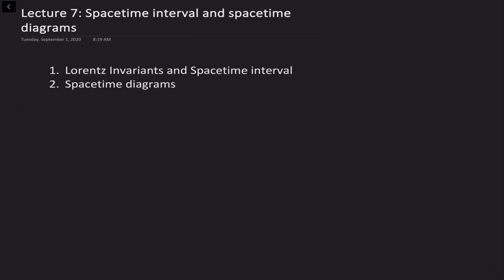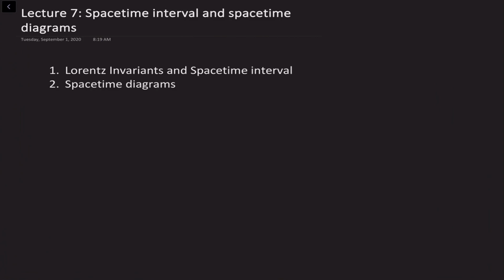Now, this will be quite important because, as we've seen, in Galilean relativity, lengths and times are absolute, that is, different inertial observers agree on the lengths of objects and the time intervals that have passed. In special relativity, we have seen that these things are relative or observer dependent.